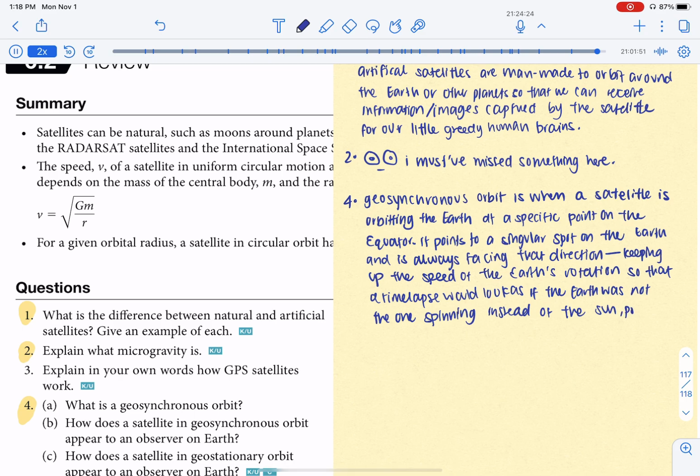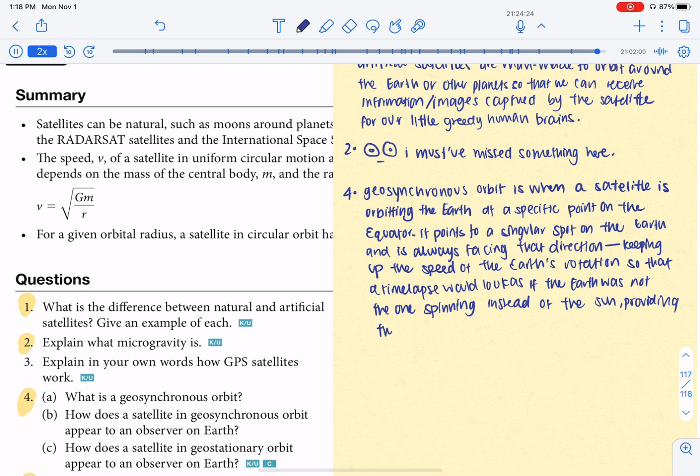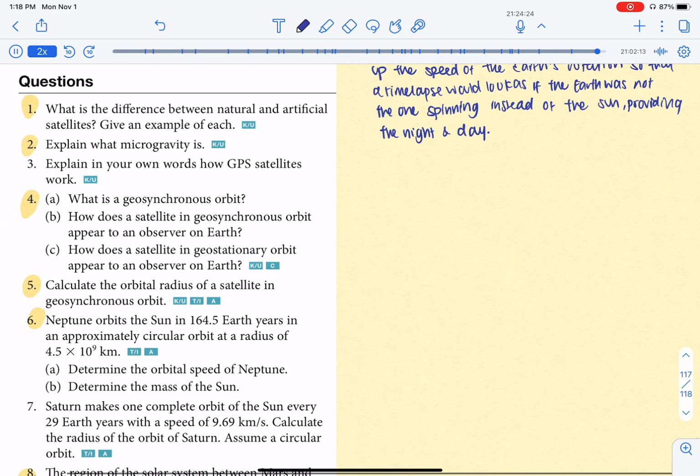M2 could be anything. And then we know all the stats on the right side, so we just run our calculators to get the answer. We have G, again, 6.67 times 10 to the negative 11 newton meters squared per kilogram squared. We have the mass of Saturn, which is 5.69 times 10 to the 26 kilograms, divided by the radius squared.